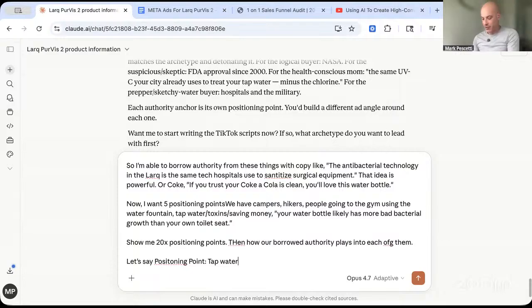So going after tap water just makes sense, right? Because everybody can drink their tap water much more safely if they drink it with this and save a bunch of money and not drink out of the plastic water bottles, which just gives you microplastics.